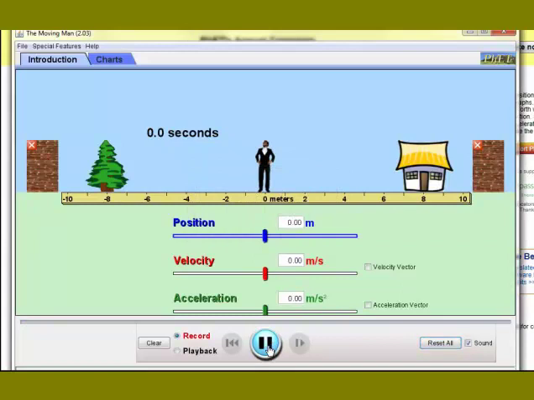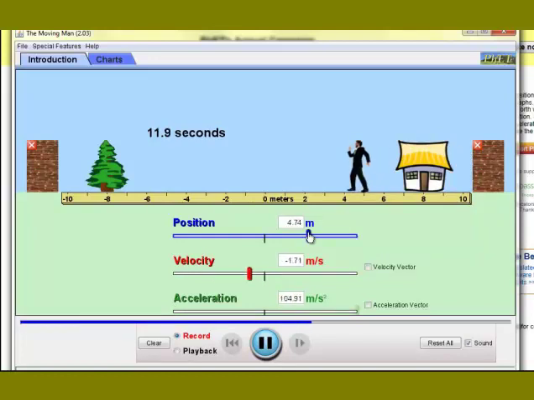Okay, here we go. Now, I have a positive velocity. But see, every time I slow down just a little bit, whoops, crashed. Every time I slow down just a little bit, that acceleration changes as I do that.